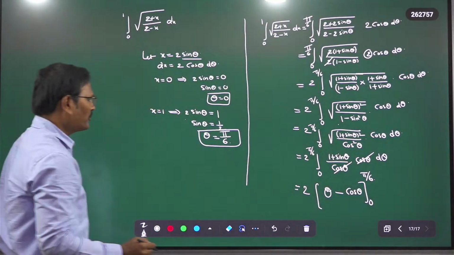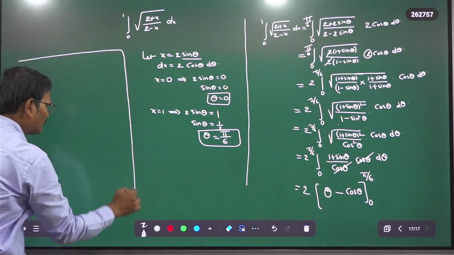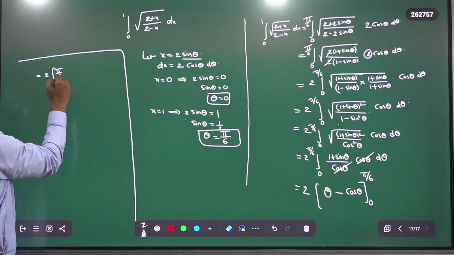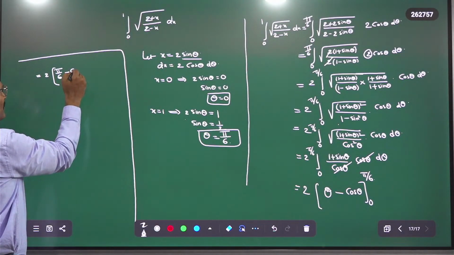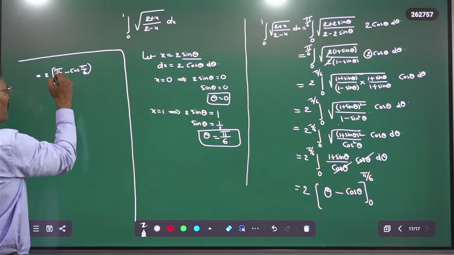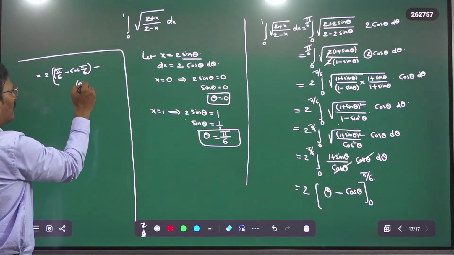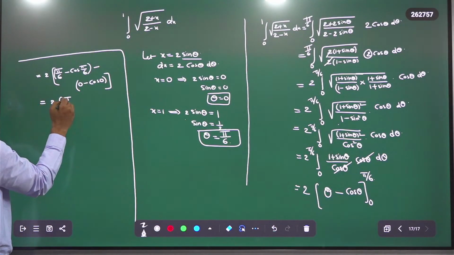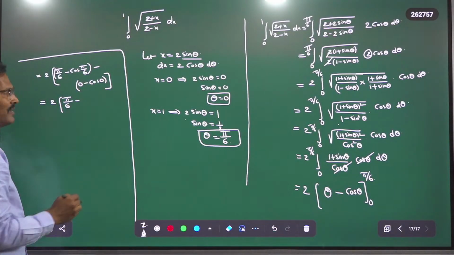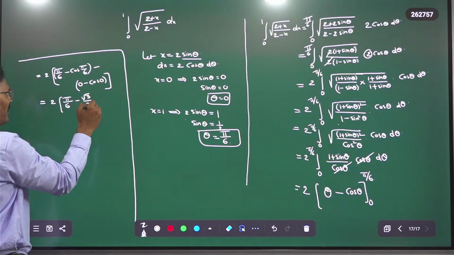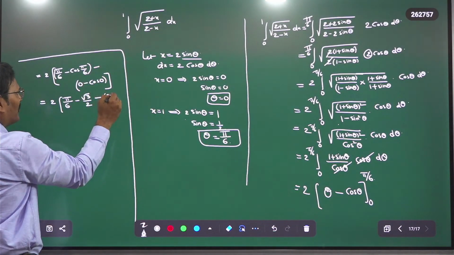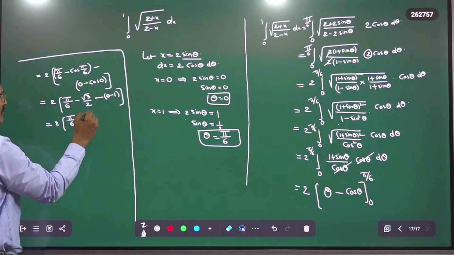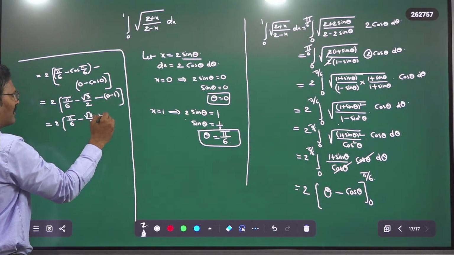So now we have to substitute the limits. 2 into first upper limit pi by 6 minus cos pi by 6, lower limit 0 minus cos 0. 2 into pi by 6, cos 30 is equal to root 3 by 2, minus 0 minus 1. 2 into pi by 6 minus root 3 by 2, plus 1.